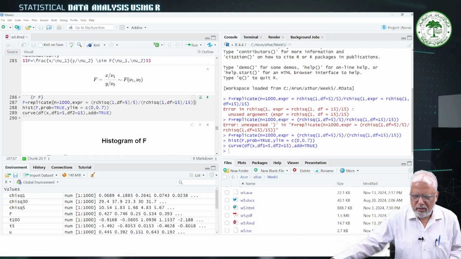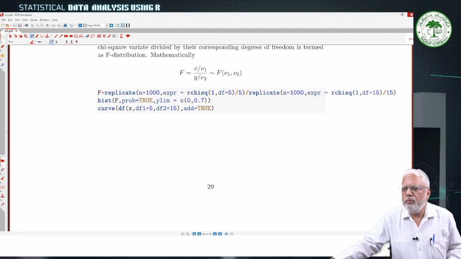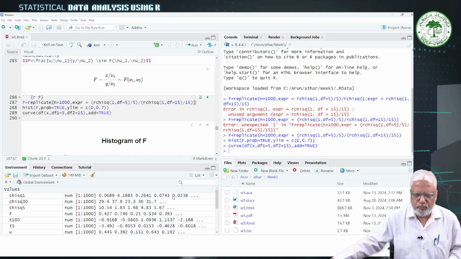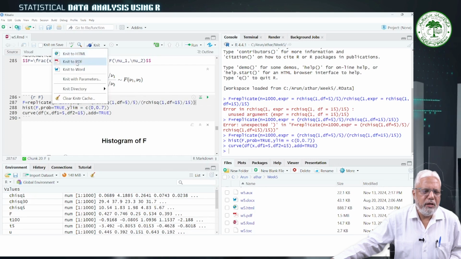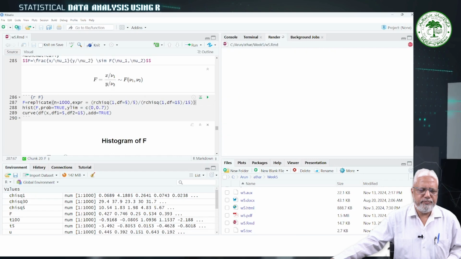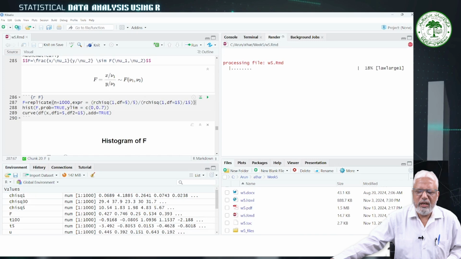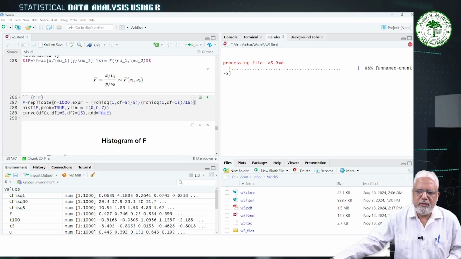So now after making these corrections, I will generate the PDF. Before generating the PDF, we will close this file which is open. If the PDF is open, it will not generate. Now we go into the source file, make the corrections, and after that we generate the PDF.